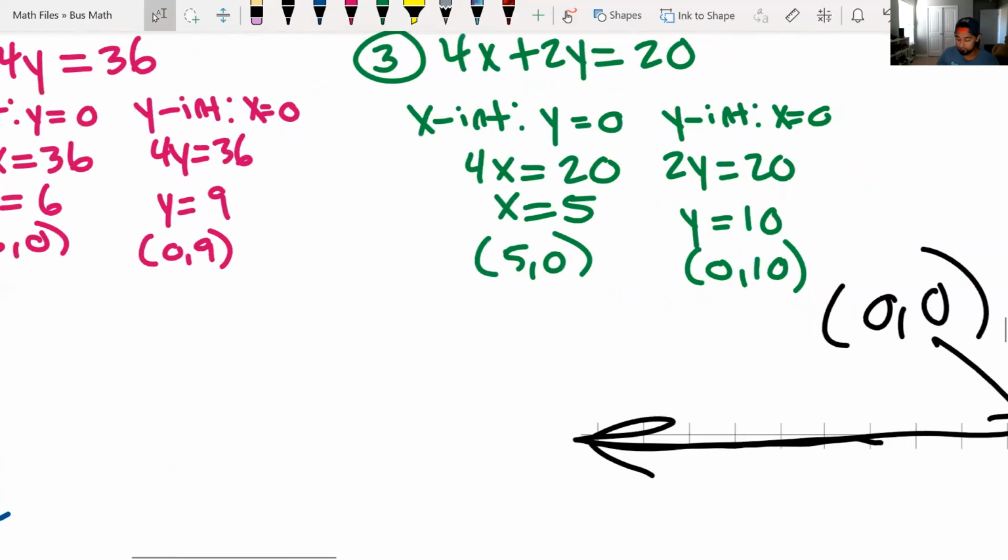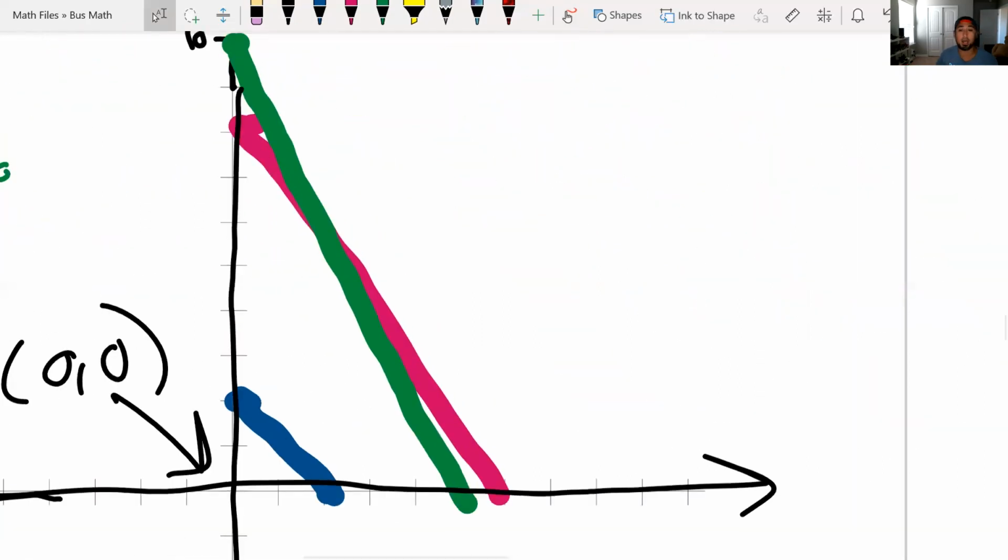Which means that since (0, 0) was not true, we are going to shade away from it, which means we're going to shade up.